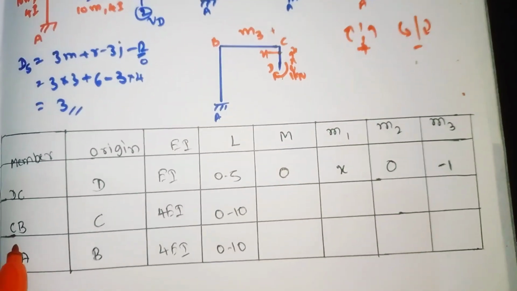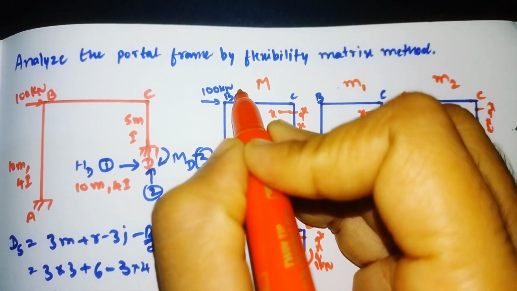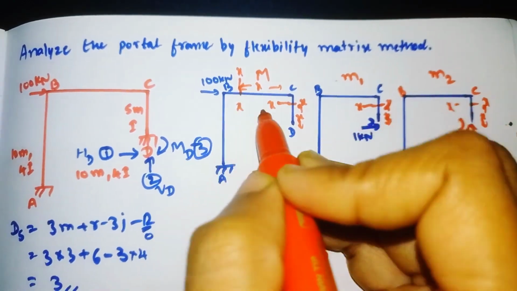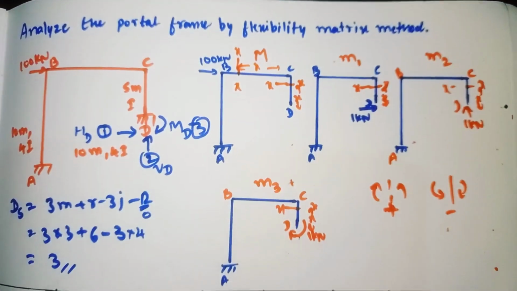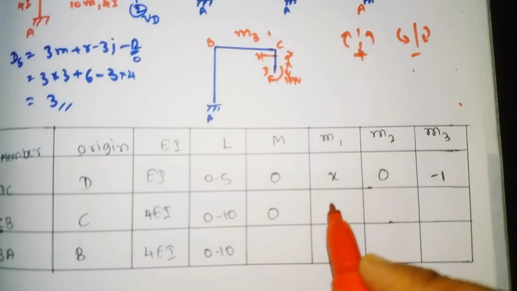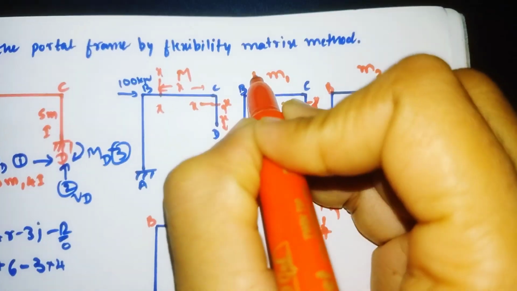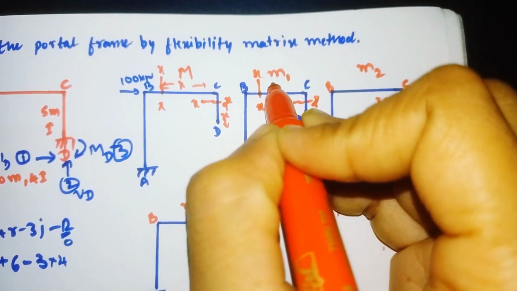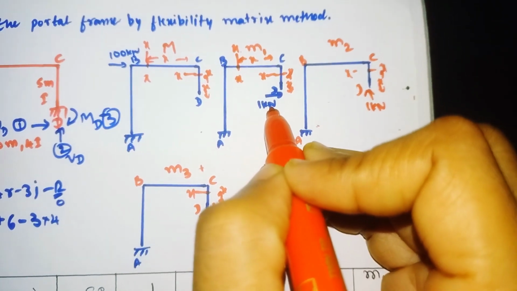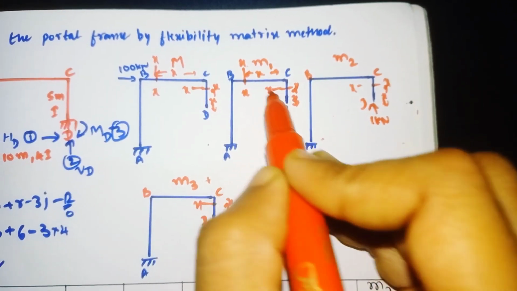Similarly now we will see for CB, where we have taken the origin as C. For CB, if we cut the section along the x-axis at a distance of x away from the origin C, there is no load, so the moment for CB becomes 0. Similarly for M1, member CB, if we cut the section at a distance of x away from the origin C, we need to see from here the perpendicular distance of 1 from this section.